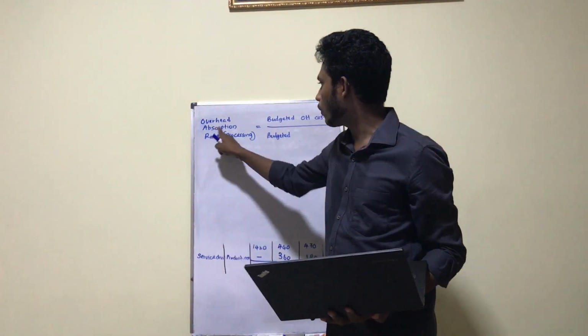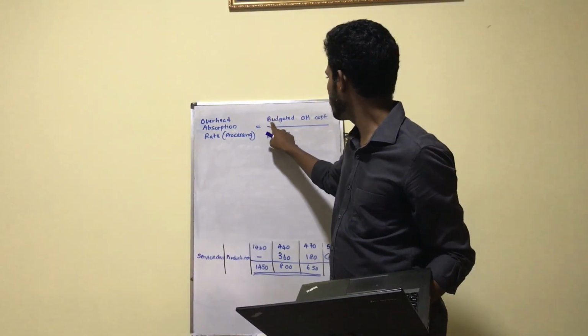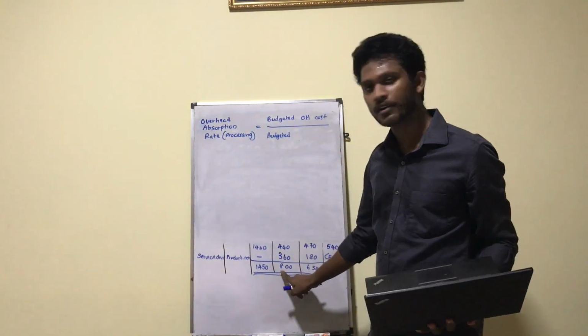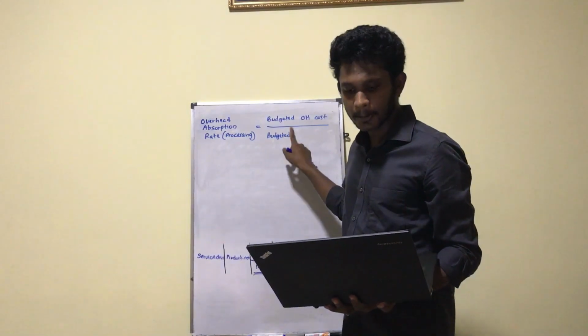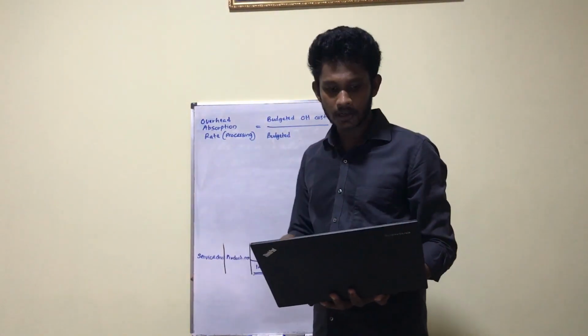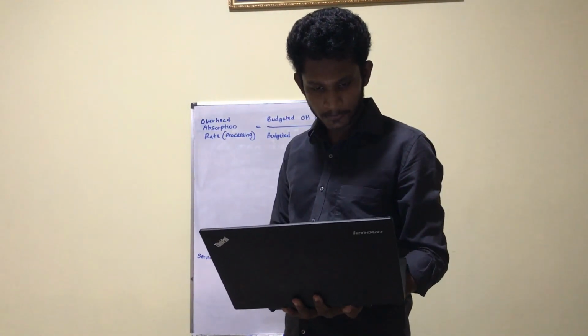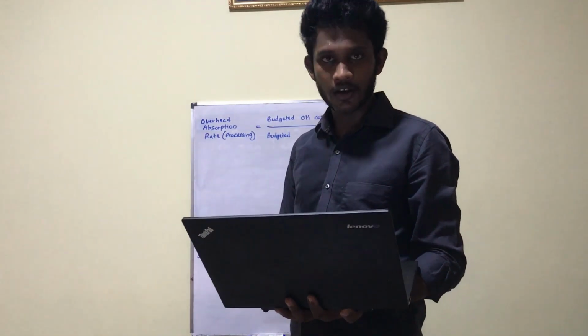So the absorption rate for the processing division should be calculated based on budgeted overhead cost. So that's 800,000. It should be divided by budgeted machine hours for the processing department, which is given as 100,000.